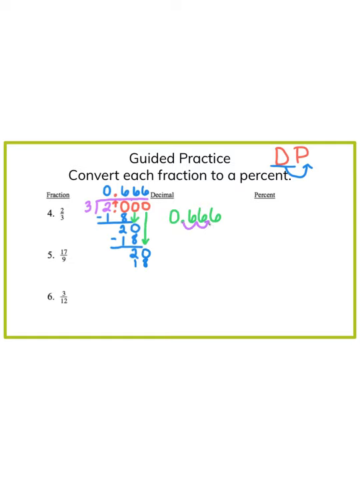So my percentage is 66 6/10%. But remember how I said it was repeating, and it will go on and on. So I'm going to add a line above this last 6 to the right of the decimal. This line means that it will continue repeating forever.